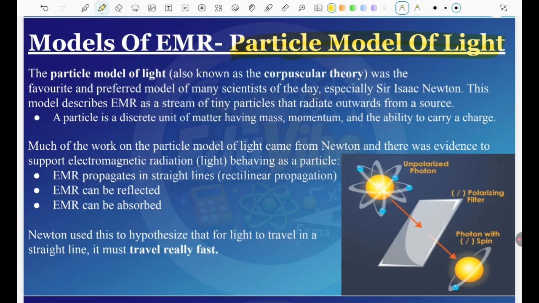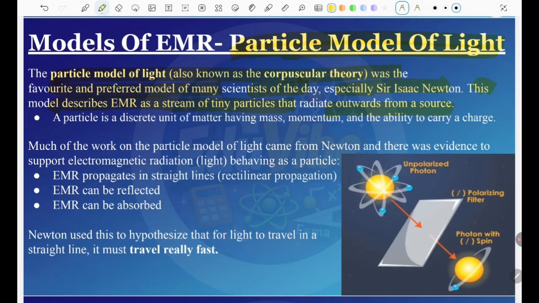The particle model of light is also known as the corpuscular theory. It was the favorite and preferred model of many scientists of the day, especially Sir Isaac Newton. So Newton discovered this type of model of light, which is the particle model of light. This model describes EMR as a stream of tiny particles that radiate outwards from a source.